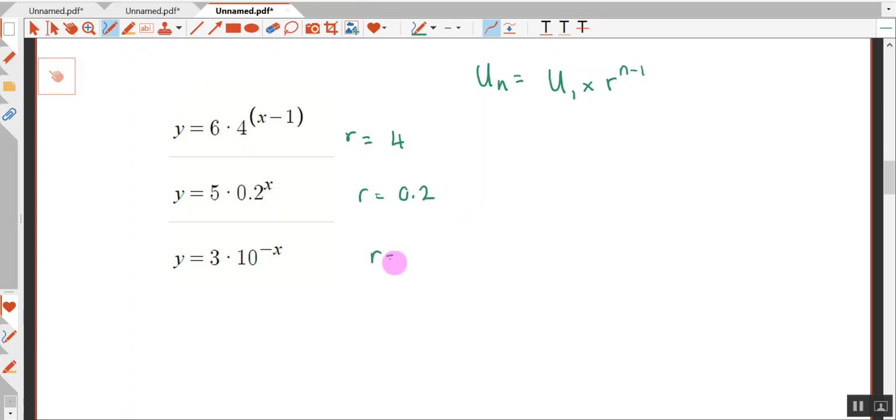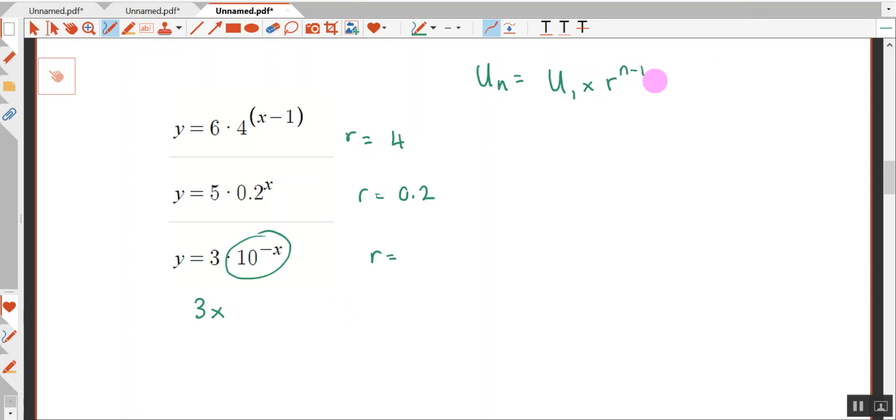What's R in this one? This needs to be rewritten. Because remember, ratio to the power of n, or n minus 1, not minus n.